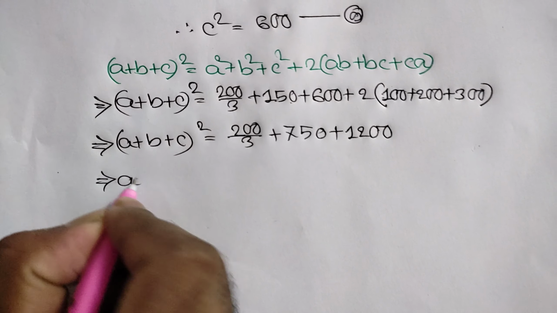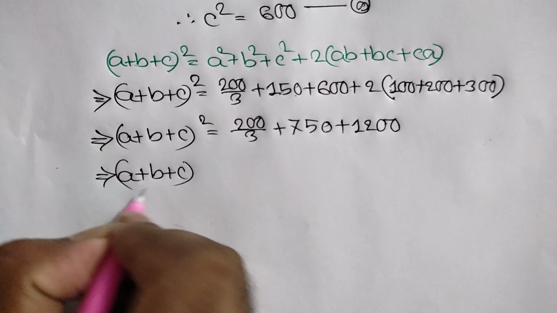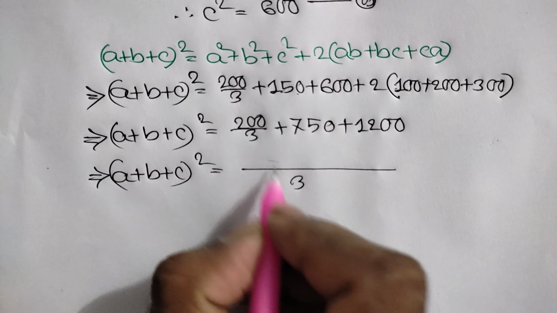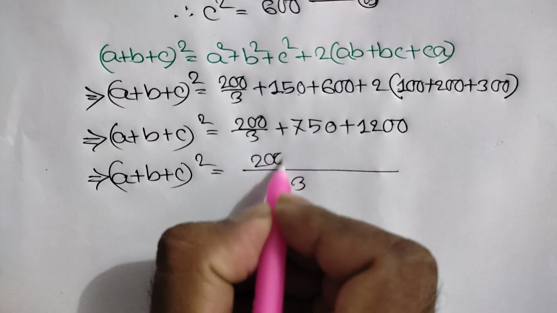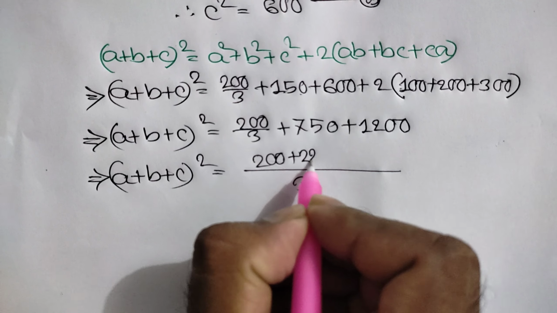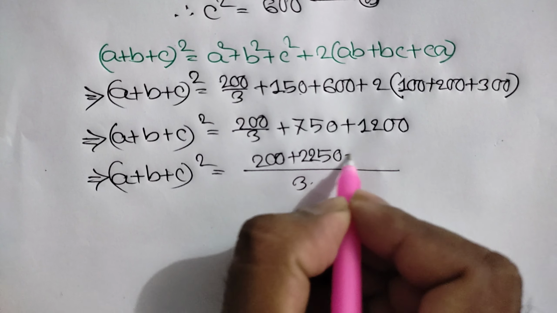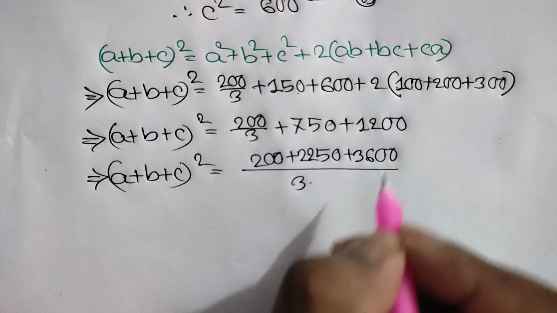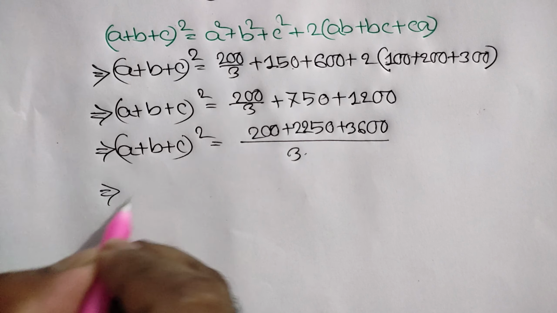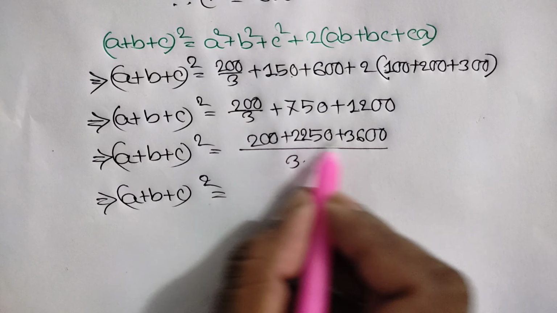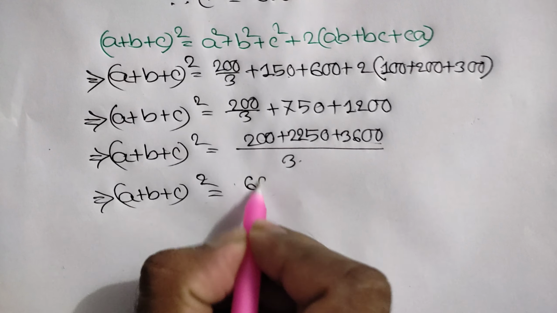Or A plus B plus C whole square is equal to, here LCM is 3, so we will find 200 plus 3 times 750, we will get 2250, plus 12 times 3 is 36 with double zeros.